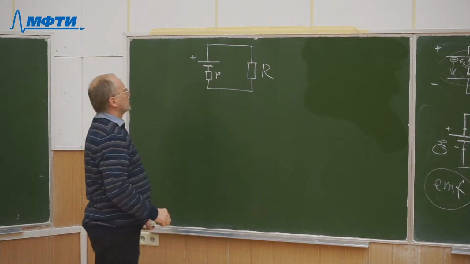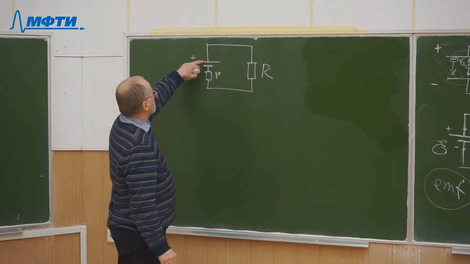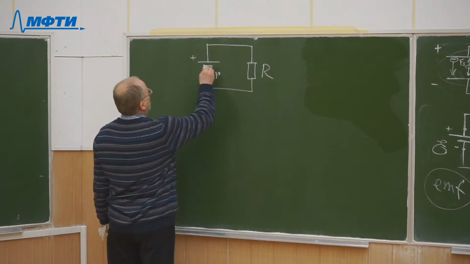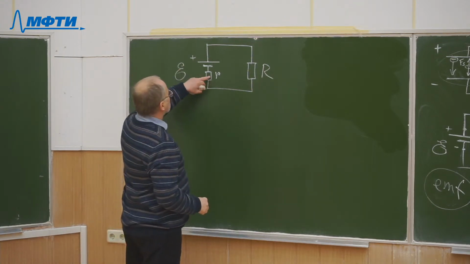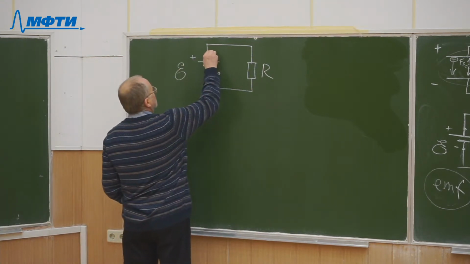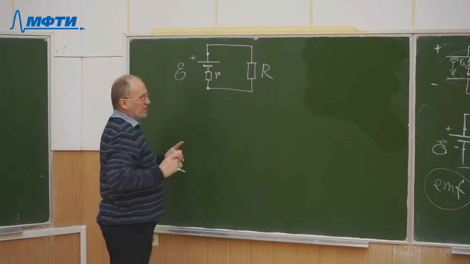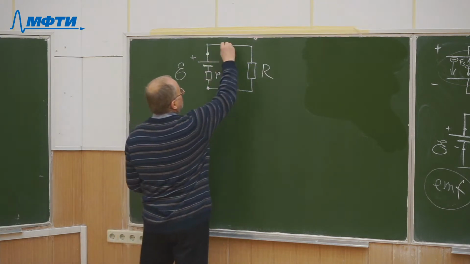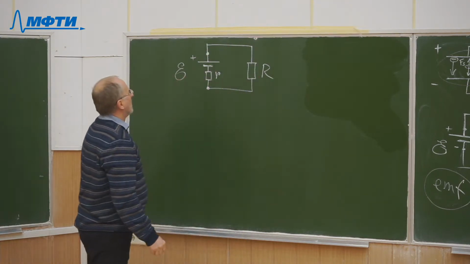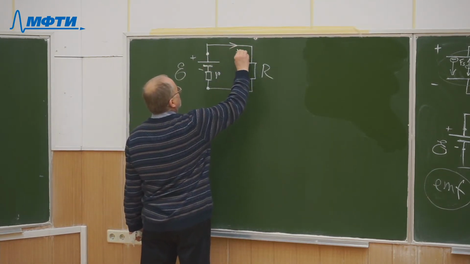And we have such a closed circuit with internal resistance of this battery. The battery has electromotive force E and internal resistance. So this is a single device, and these 2 points are external contacts or external terminals of the battery. And this is the external circuit, and the current will flow in this direction.